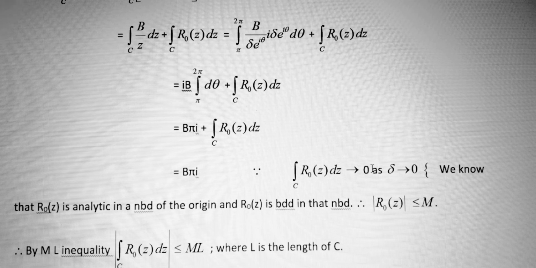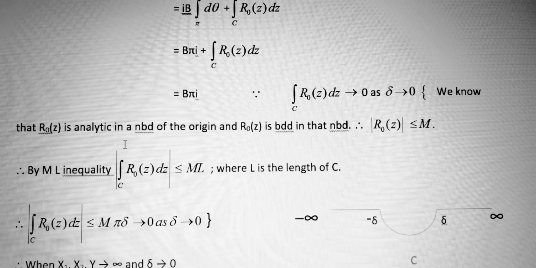This tends to 0 because we know that r naught of z is analytic in a neighborhood of the origin, and r naught of z is bounded in that neighborhood. Therefore, modulus r naught of z is less than or equal to m.